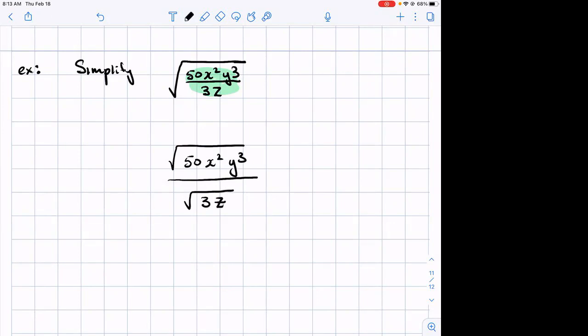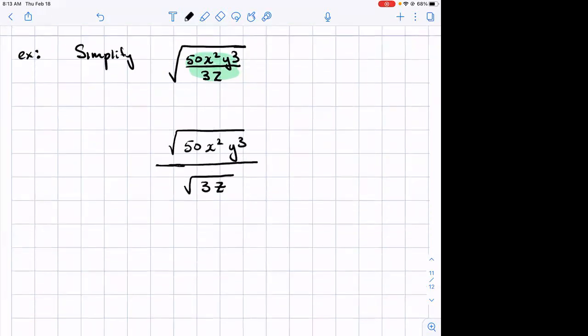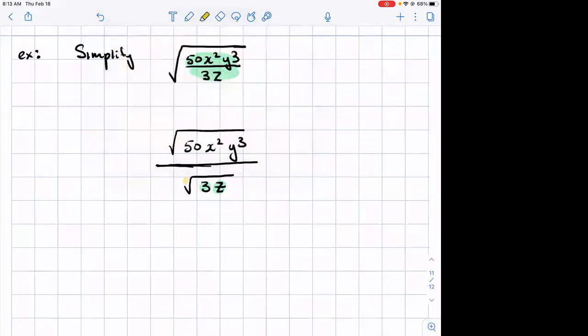Now, the square root of 3z in the denominator, right? We don't know the square root of 3, we don't know the square root of z, nor can it be simplified because the power is a 1. And you notice that the index here is a 2. So that denominator cannot be simplified at all. Okay.